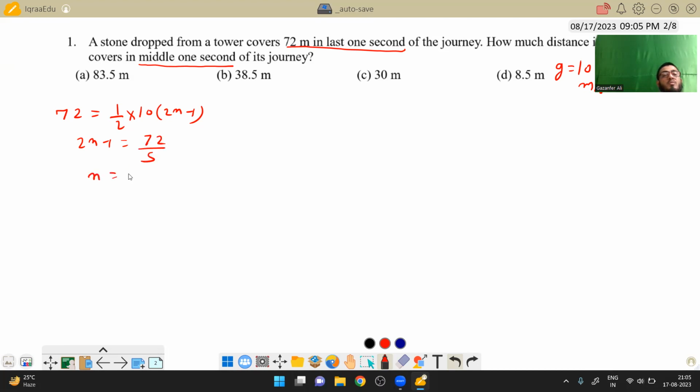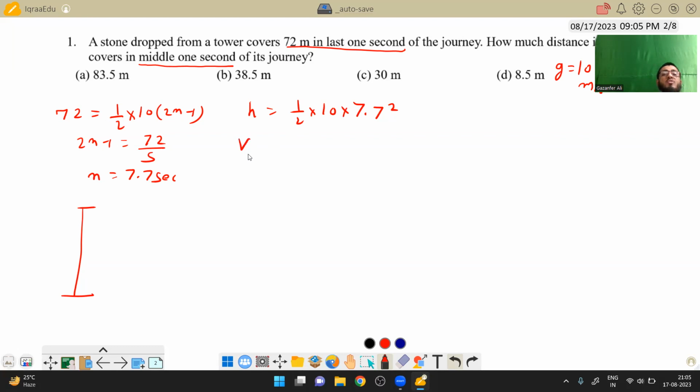So n is equal to 7.7 seconds. Okay, so this is the total time. So what is the height of the tower? Then the height of the tower is h is equal to half a t square.